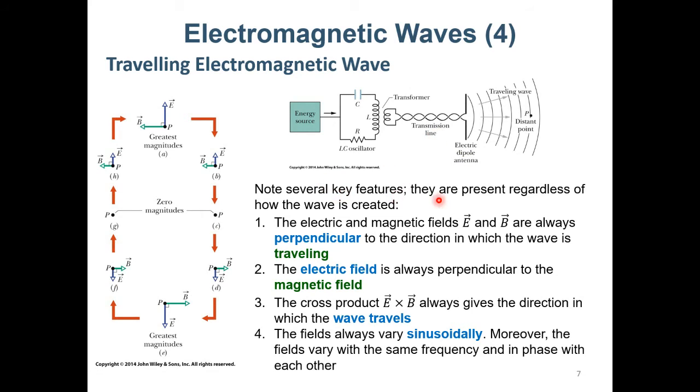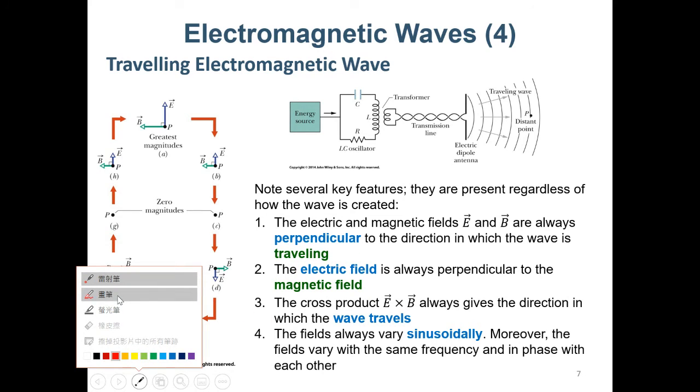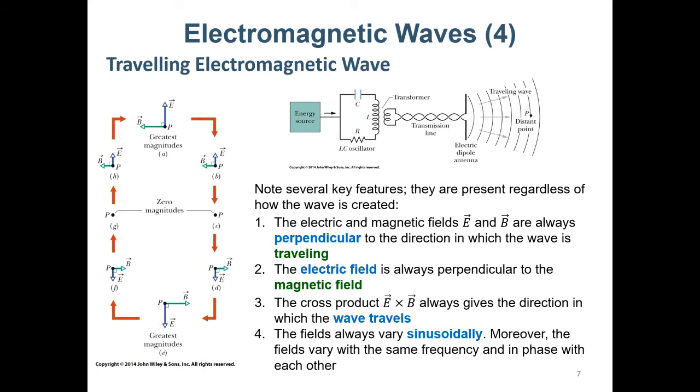So several key features are present regardless of how the wave is created. The E and B fields are always perpendicular to the direction in which the wave is traveling. So you can imagine the wave is traveling along this axis.